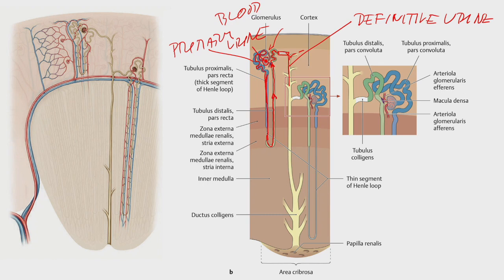So it's very important that the structure, complicated tubular structure, is very effective in back resorption, mainly of water, but also of other substances which are filtrated into the primary urine.